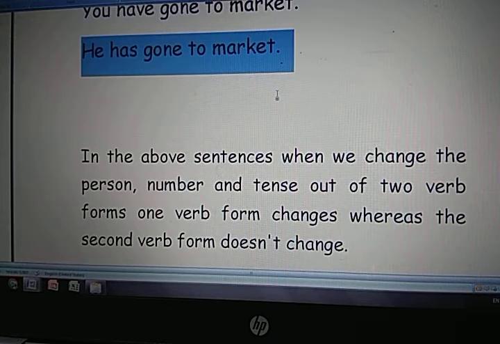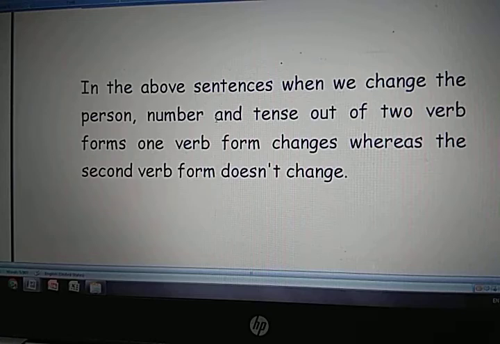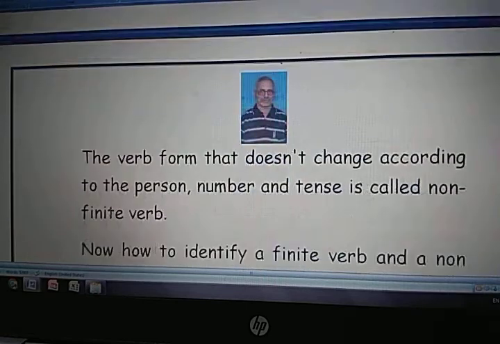So the verb form which doesn't change is called non-finite verb. In the above sentences, when we change the person, number and tense, out of two verb forms, one verb form changes whereas the second doesn't change. So the verb form that doesn't change according to the person, number and tense is called non-finite verb.